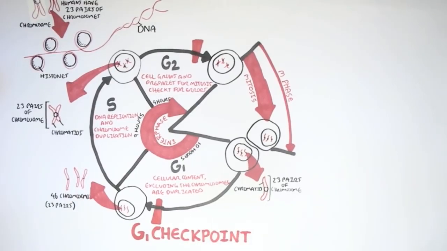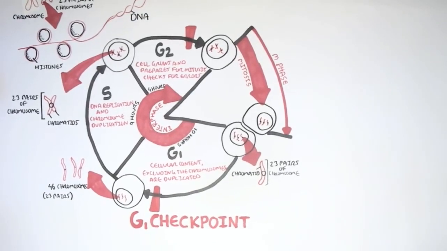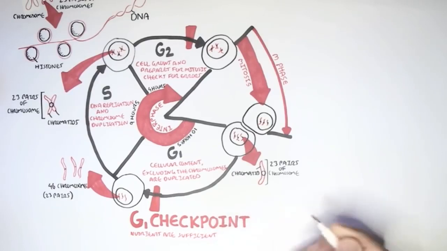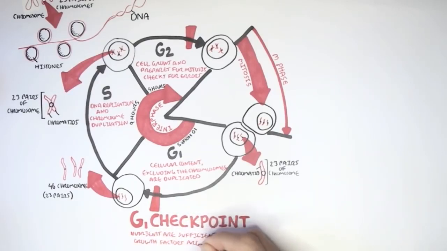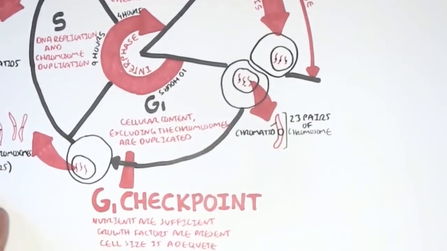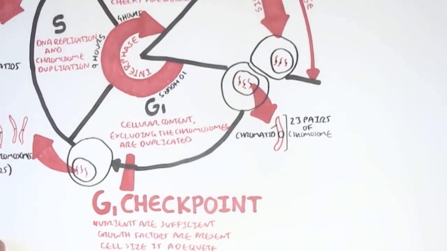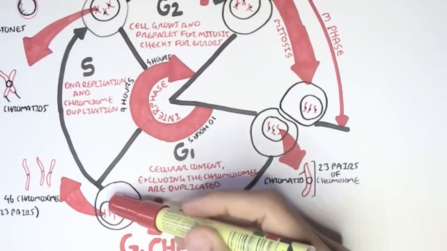When this cell enters the first checkpoint, called the G1 checkpoint, the cell will check that nutrients are sufficient, that growth factors are present, that the cell size is adequate, and that there is no DNA damage. Once all this is okay, the cell can enter the synthesis phase, where it will have DNA replication, etc.